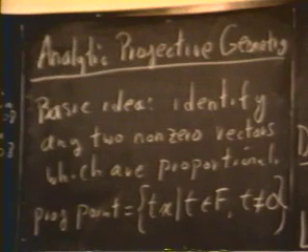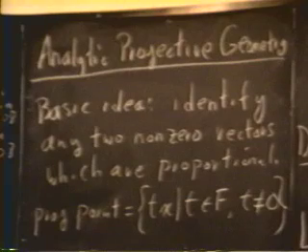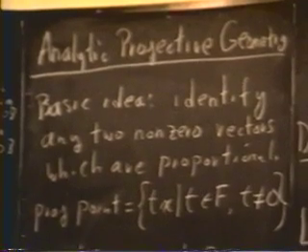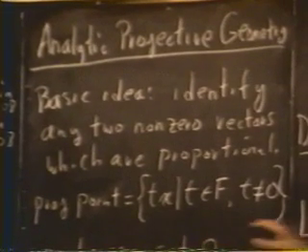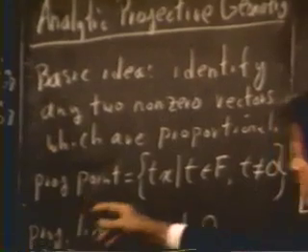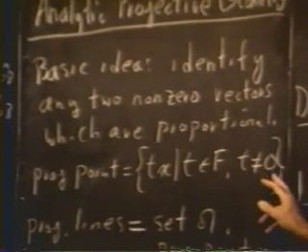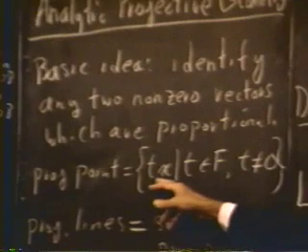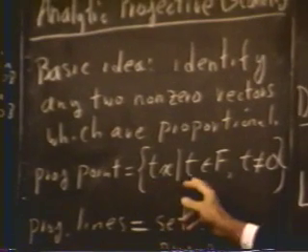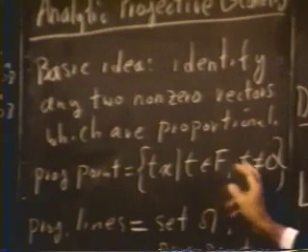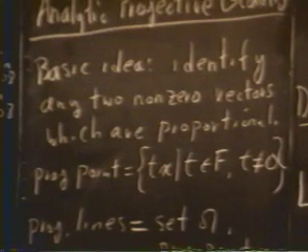We now turn to analytic projective geometry. The basic idea is to identify any two non-zero vectors which are proportional. In particular, we have that a projective point is equal, in terms of our basic vector space, to the set of all vectors Tx, where T is in the field and T is not equal to 0.